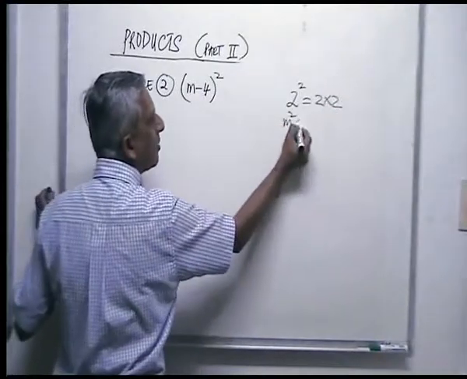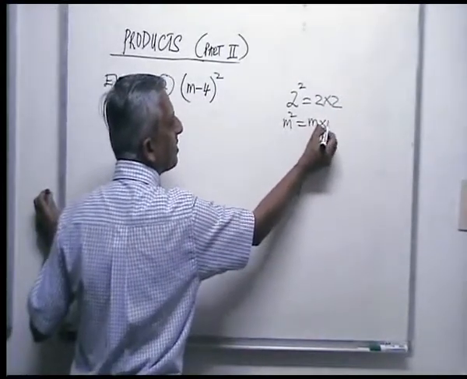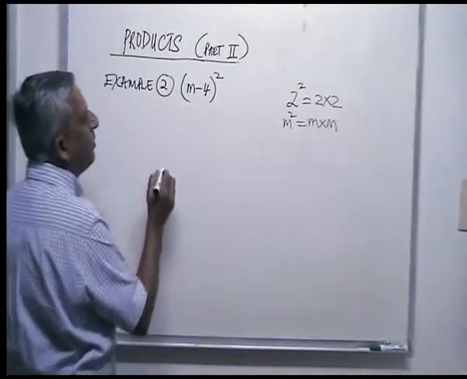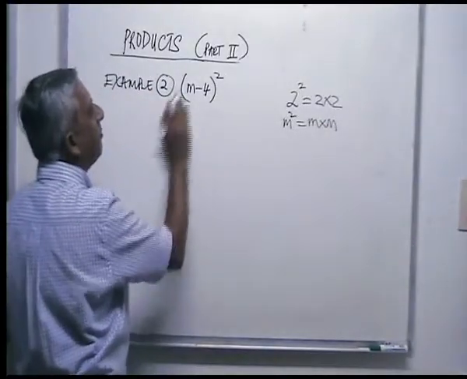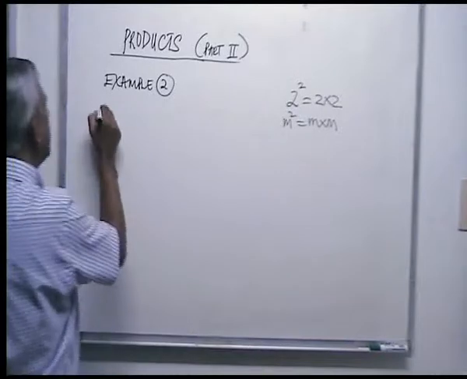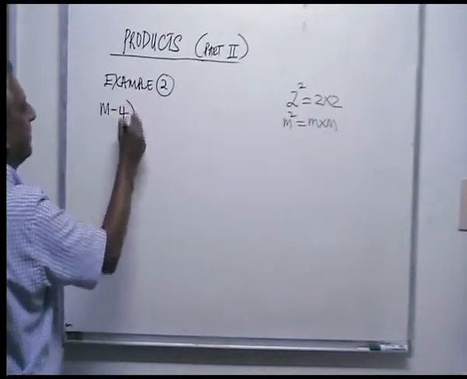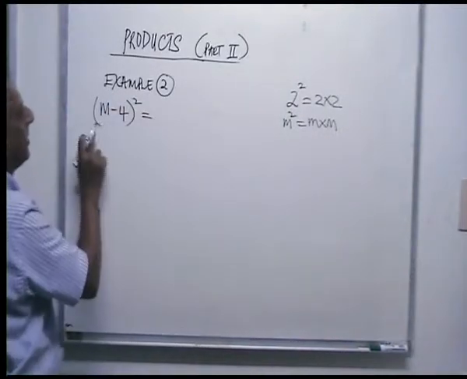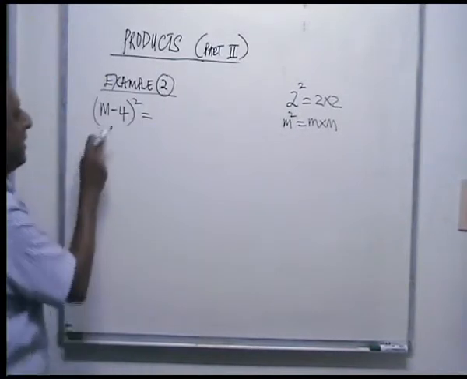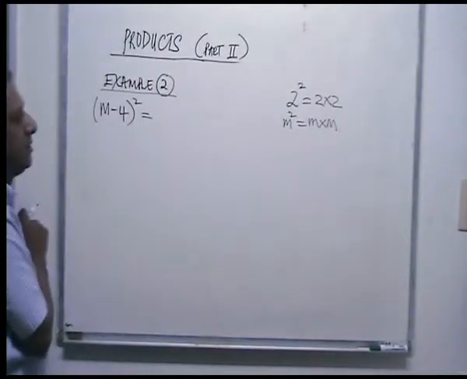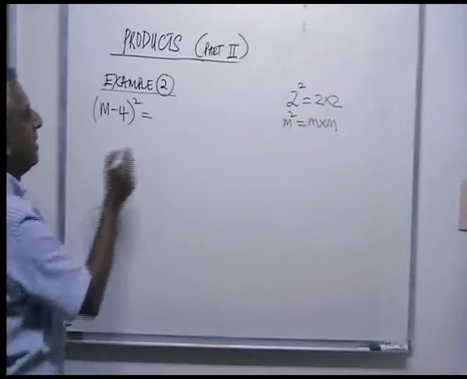If I told you m squared, you'll tell me it is m times m. Therefore, if I have m minus 4 all squared, then it means this bracket must be written 2 times just like that.